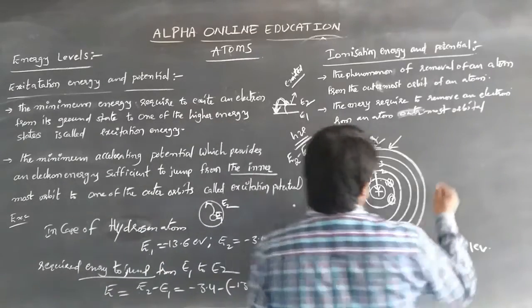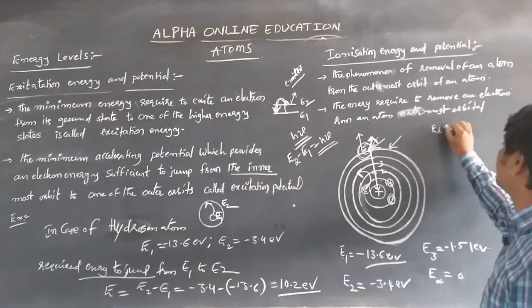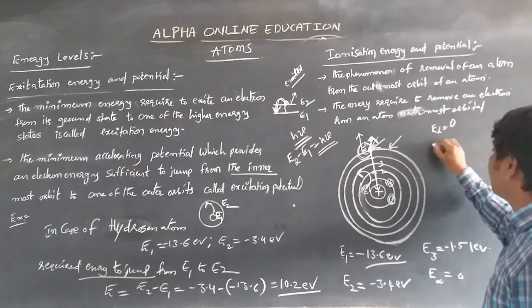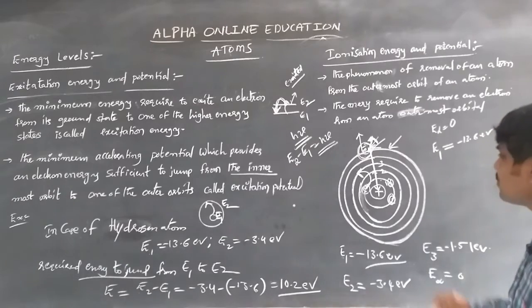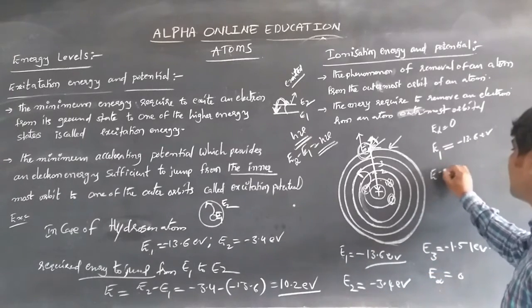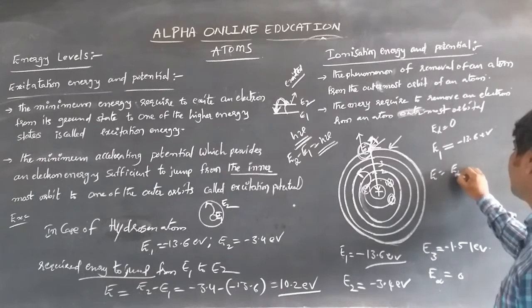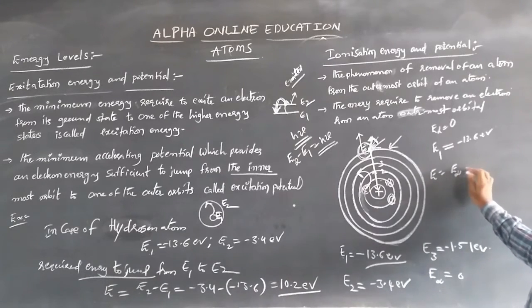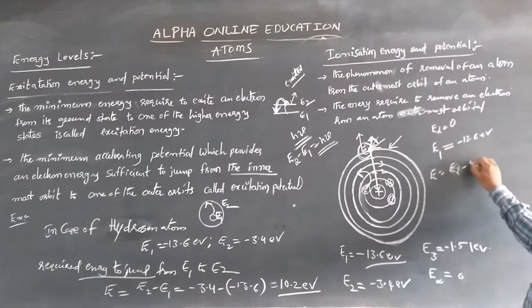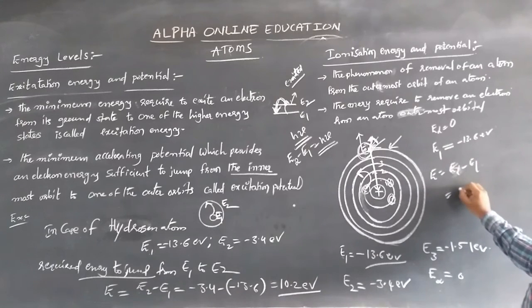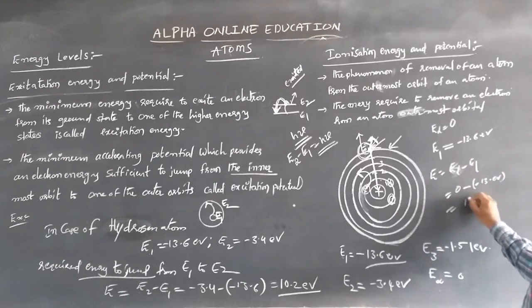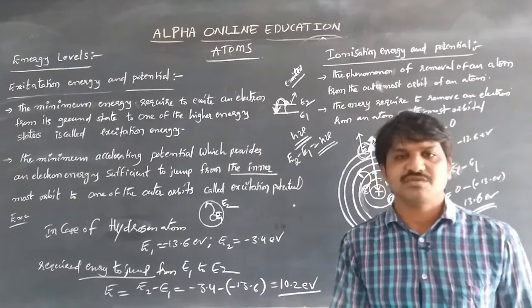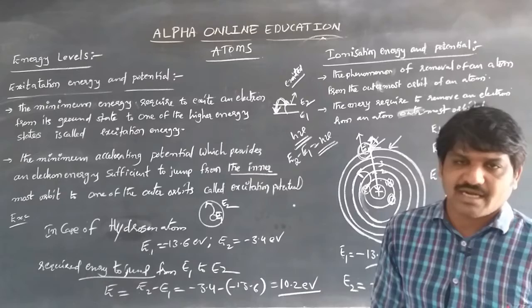If E infinity is equal to 0, and the ground state energy is minus 13.6 electron volts, then the ionization energy is E is equal to E infinity minus E1, that is 0 minus (minus 13.6) electron volts, 13.6 electron volts. This is the same amount of energy required to liberate an electron from the valency orbital.